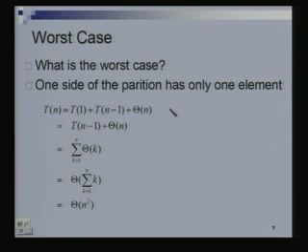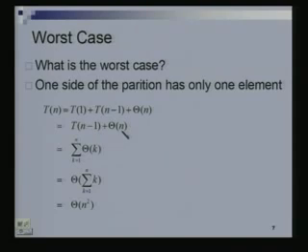Let us solve this recurrence in exactly the same manner that we did earlier. T1 I am assuming is 0. If you have one element, there is nothing to be done, it is sorted. So this is just Tn minus 1 plus theta of n.